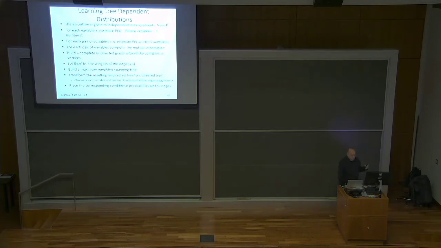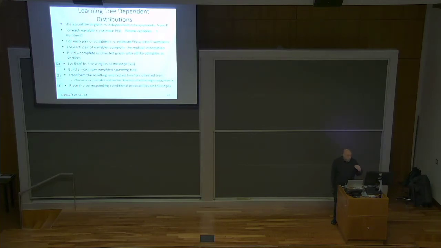Now, in order to convince ourselves that this is a good algorithm, there are really three things that we have to prove. One, that the right thing to do is to place the conditional probabilities on the edges, because I started with mutual informations. Why don't I leave it there? Why do I have to place the conditional probabilities?